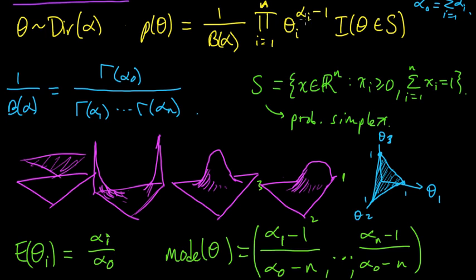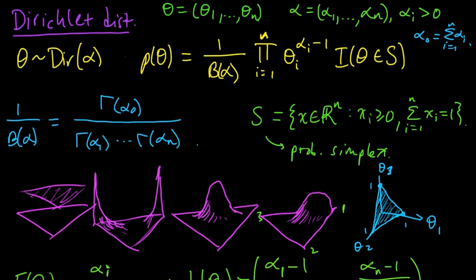On the other hand, let's say we held all the others at 1, and we took alpha 1 to be less than 1. Remember, it has to be positive, but we could make it a half, for example. Then this exponent would be minus a half. Whenever alpha 1 is between 0 and 1, the exponent is a negative number.